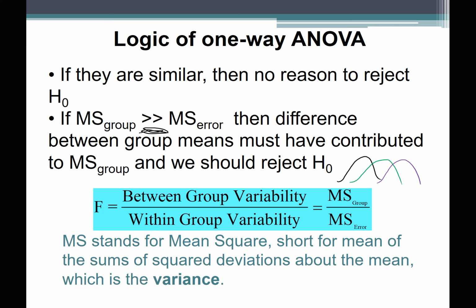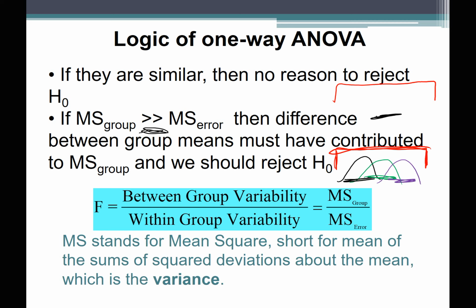Like in this case, our between group variability, our MS group, is pretty wide, versus if we were to average this little group variability, this variability, and this variability, then we would essentially come up with something that's like this width, versus about this width, if we were to average these three together.